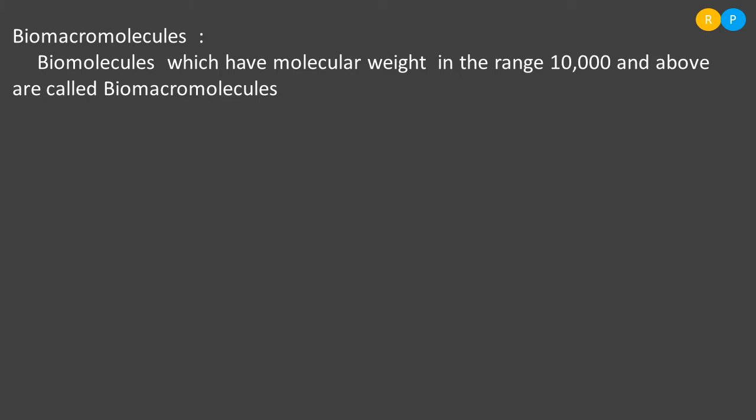We have seen that biomicromolecules have a molecular weight within 18 to 800 Dalton, but macromolecules have a weight ranging from 10,000 Dalton and above, right? Such biomolecules are named biomacromolecules.